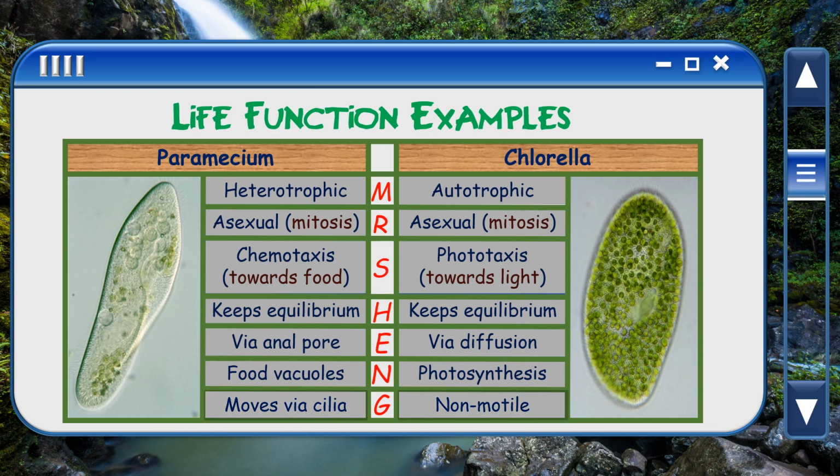Then growth and movement. Paramecium moves via cilia, whereas the Chlorella is non-motile. It does not move.